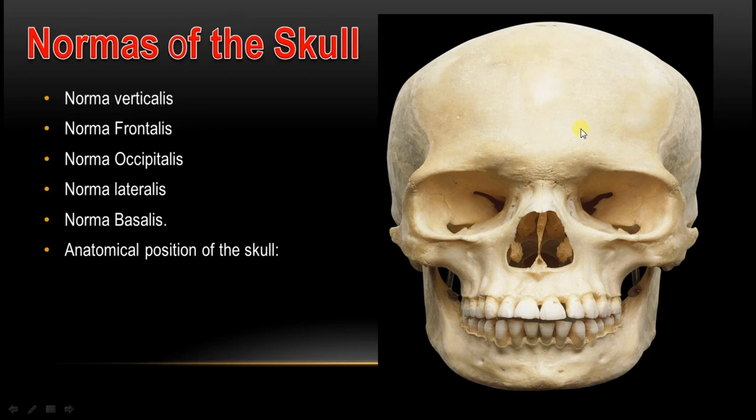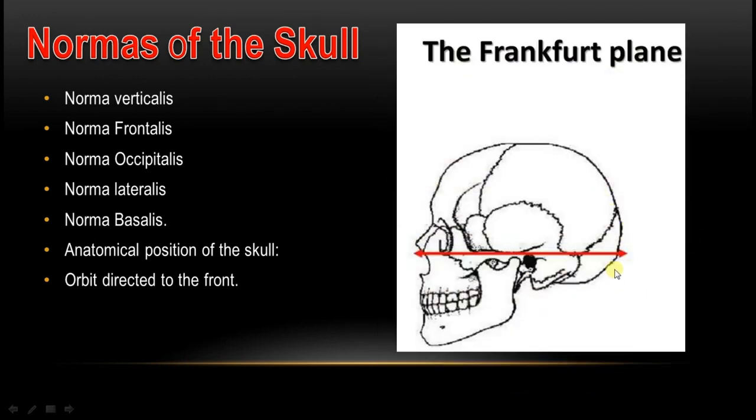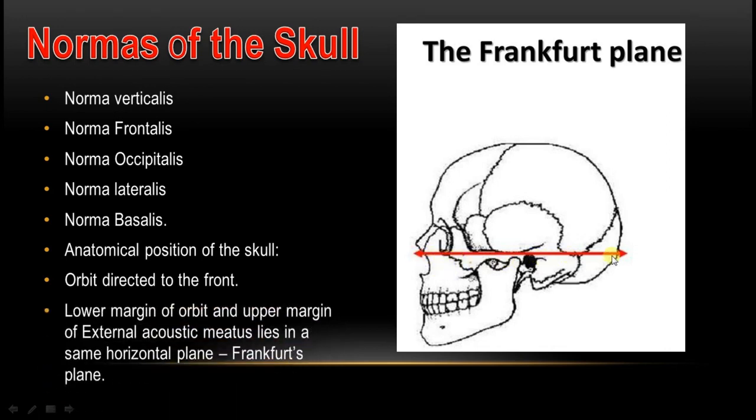Now what is the anatomical position of the skull? To hold the skull in the anatomical position, there is a plane called the Frankfurt's plane. The orbits should be directed to the front, and the skull should be laid in such a way that the infraorbital margin, or the lower margin of the orbit, and the upper margin of the external auditory meatus pass in a straight line.